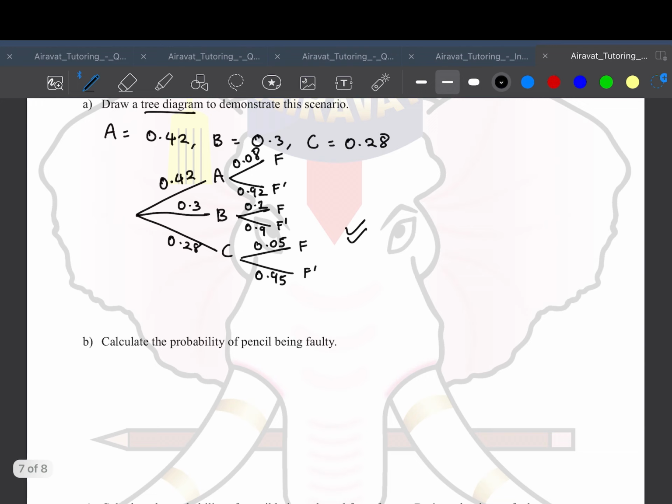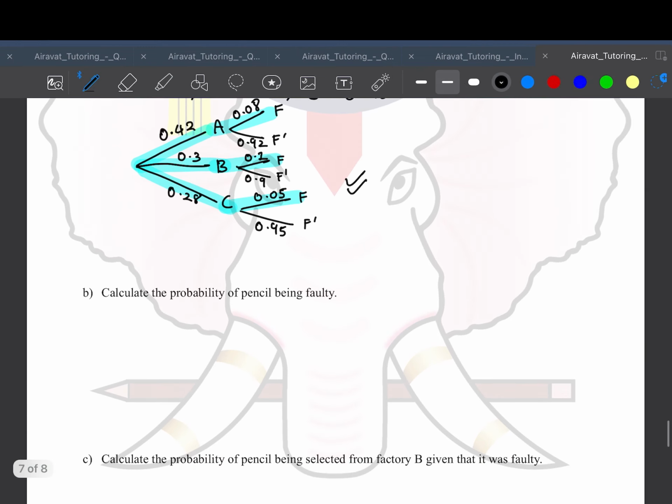Alright, so now we have to calculate the probability of a pencil being faulty. What we have to find is just these branches: A and faulty, B and faulty, C and faulty. There you go. Since it's a tree diagram, we can simply multiply these values, add them up and find the probability.